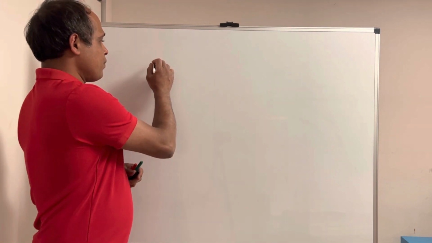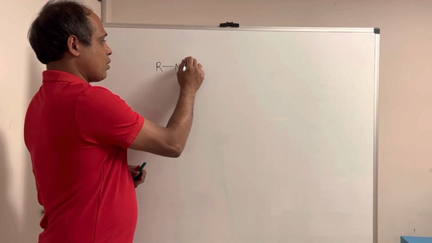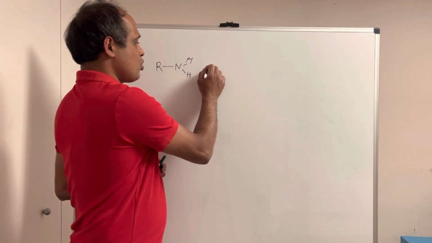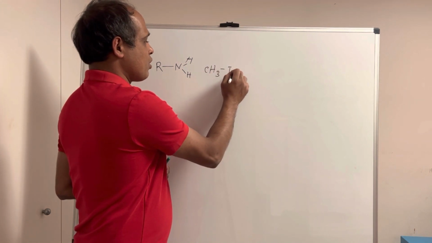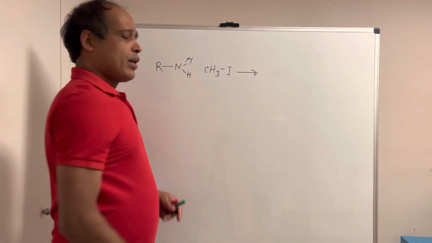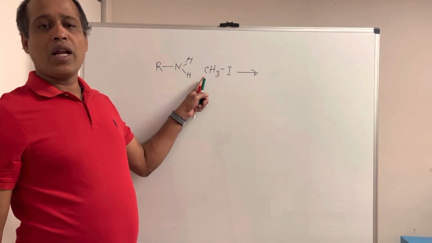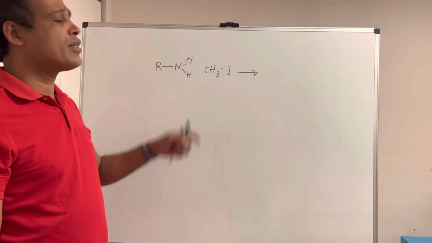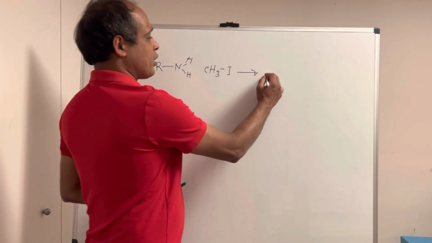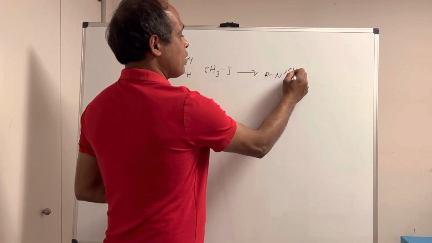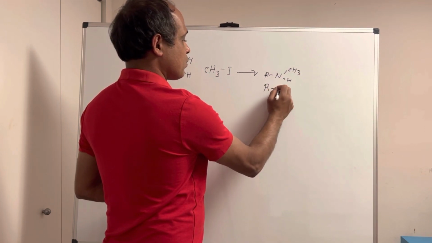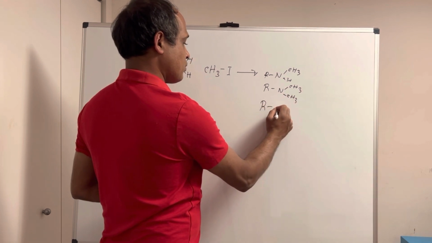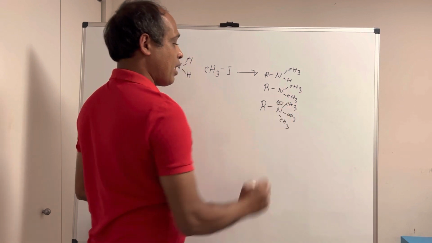Normally, if you have a primary amine, and you want to do methylation using methyl iodide, if you want to put only one methyl group, it is very difficult to control to make monomethylation, especially in this amine, because you can come up with monomethyl, dimethyl, and trimethyl, like an ammonium ion.